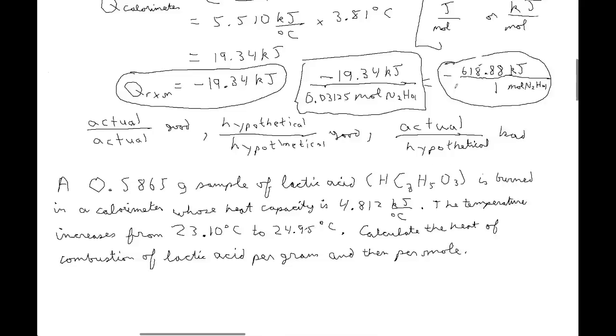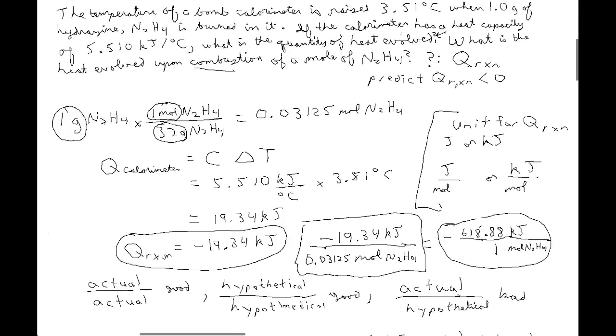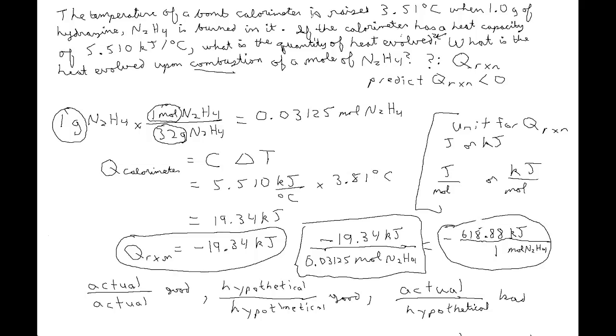Let me actually make one more comment about the previous problem here. I just wanted to point out, now we've kind of gotten to the practical importance of calorimetry. How is calorimetry used in real life? Well, let me ask you this. If you look at the back of your textbook, there'll be a whole bunch of tables. There'll be what are called thermodynamic data, and somewhere in the book there'll be things like the heat of combustion of a whole bunch of substances.